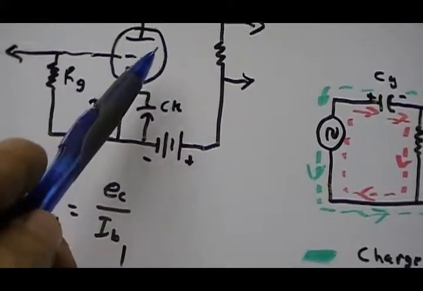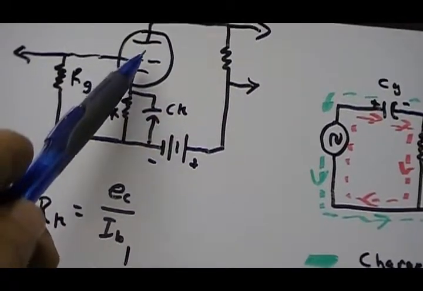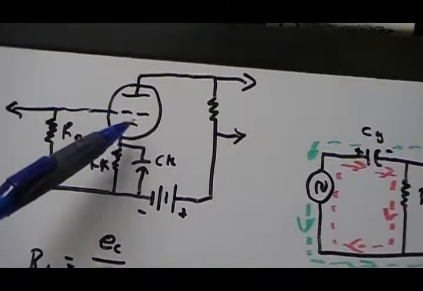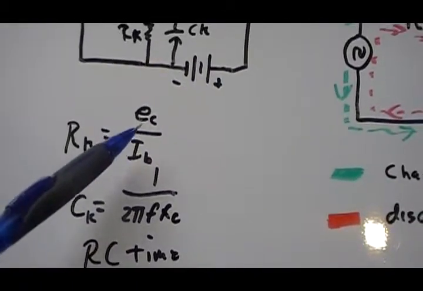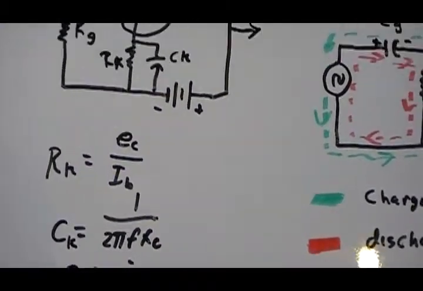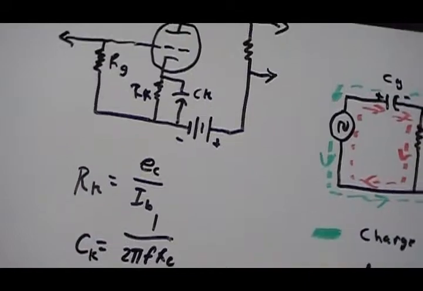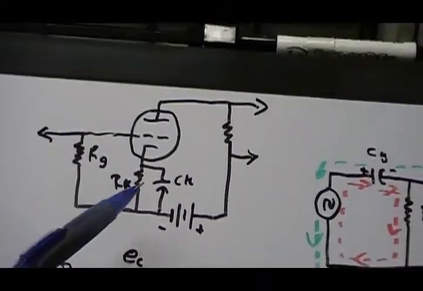If there was a screen in here like a tetrode, or a screen and a suppressor like a pentode, the screen also has current which comes from that cathode. So then you have to add the two, so it would be EC over IB plus IS, or I screen. But either way, just use Ohm's law, and that's how you get this size.